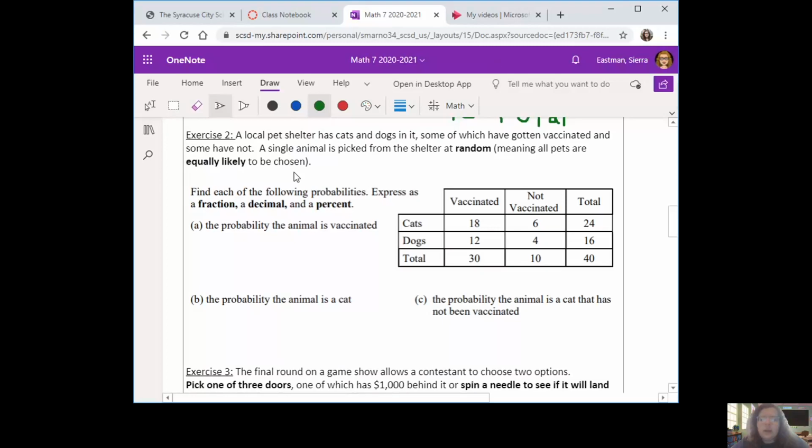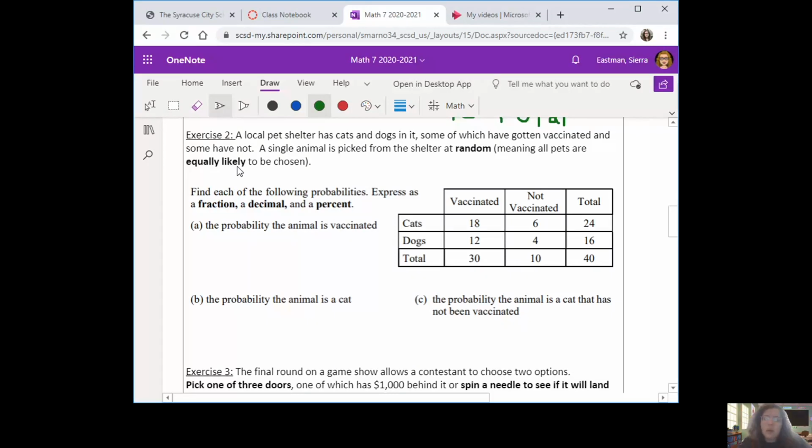And we can read our question first. A local pet shelter has cats and dogs in it, some of which have gotten vaccinated and some have not. One single animal is picked from the shelter at random, meaning all the pets are equally likely to be chosen. So again, that equally likely part is really important because that's telling us our sample space could include all of the animals.